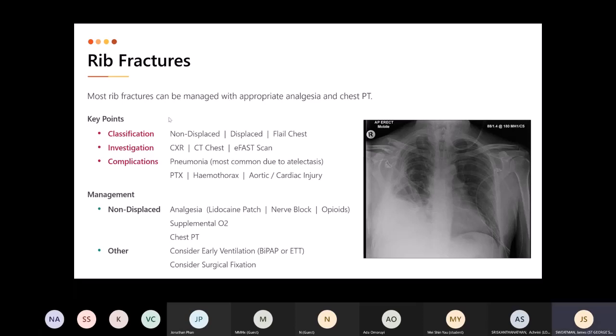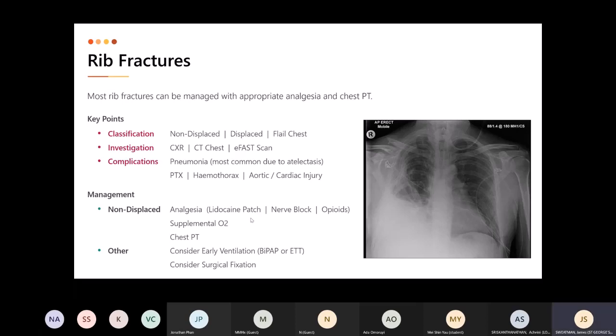They're actually sometimes more difficult to see on CTs. And if there's an acute presentation, so high-speed RTC, and you think there might be a hemothorax or a pneumothorax, but you can't see it on the chest X-ray, then you can do an EFAST scan, which is an ultrasound scan of the lungs, and you can see fluid and pneumothorax there.